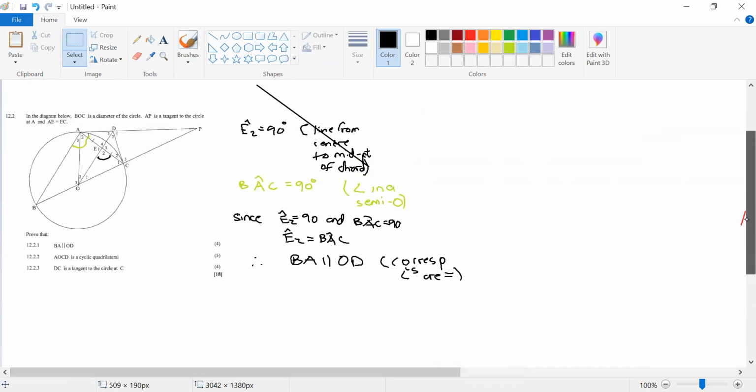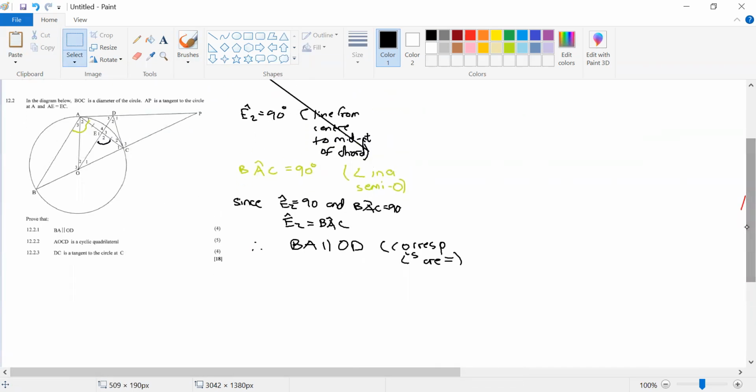All right, so that's really all you have to do for 12.2.1. Were you able to follow me on that? Yes. Okay, awesome. All right, so just one note is that whenever you calculate something, either add it to your diagram or just be very mindful that, okay, I've already said that this is 90, so I can probably use that in another question, and even the same for E2.